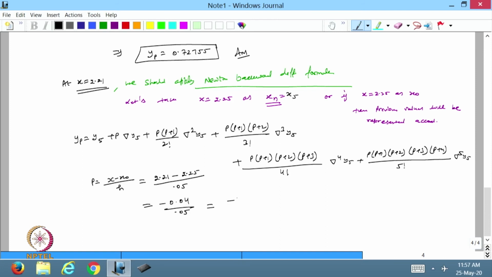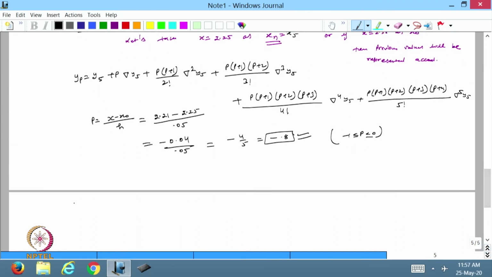So, this is minus 4 by 5, that is minus 0.8. I know that our value p should be between minus 1 and 0, so it is qualifying for this.